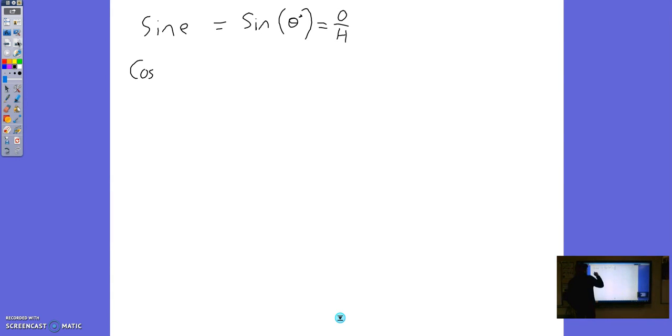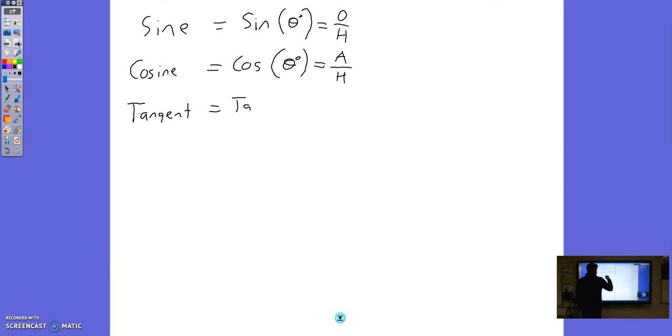Cosine, also referred to as cos, of theta degrees is equal to the adjacent over the hypotenuse. And finally, tangent, abbreviated to tan, of theta degrees is equal to opposite over adjacent.